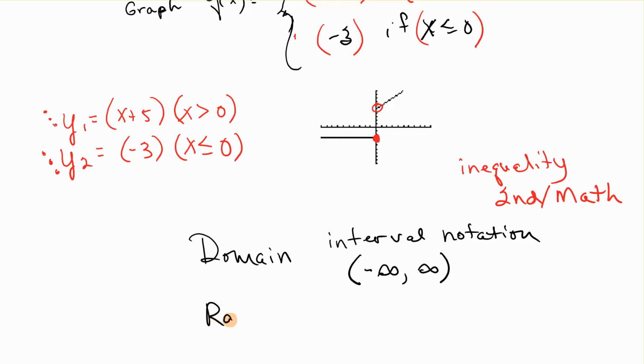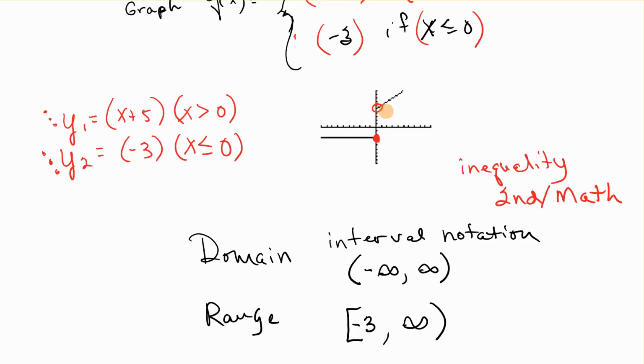For the range, though, this thing goes on forever up, and there's a value for y all along here, but we don't go below there, so we're not going to have that. We would start at -3, and then where do we go to? +infinity.